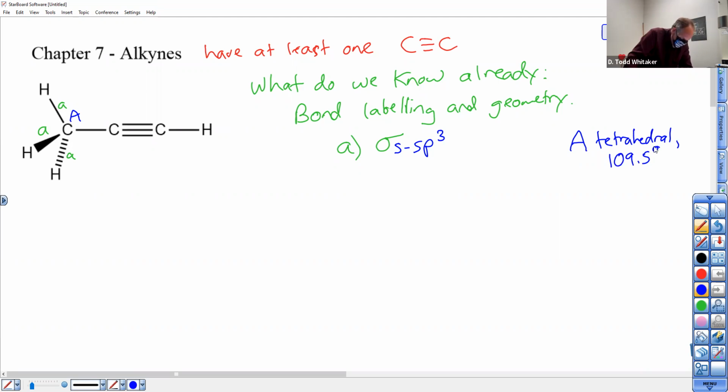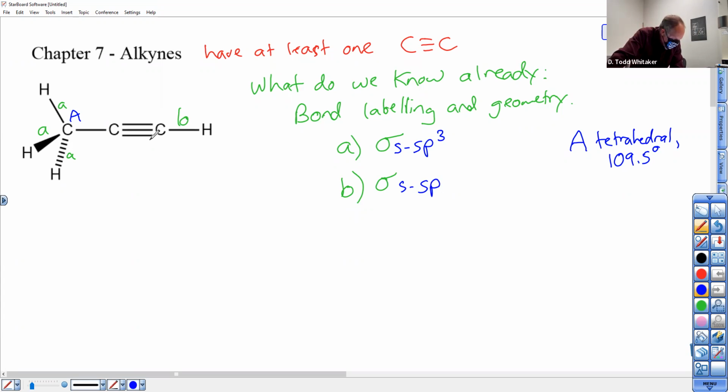All right, how about B over here? S from the hydrogen to an sp on the carbon. Why is it sp on the carbon? Because it has 1 sigma and a second sigma. Don't count these, they're both pi. Don't count pi for hybridization.